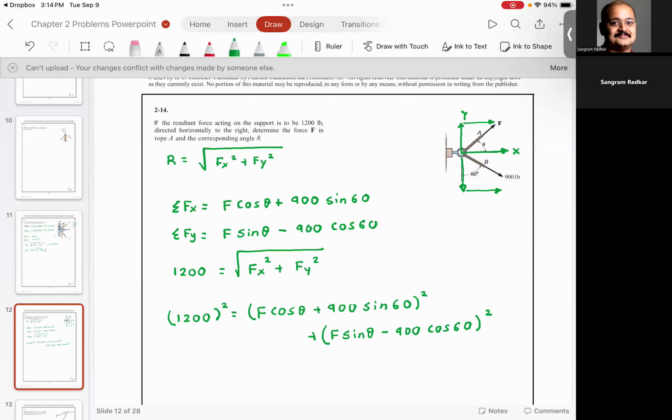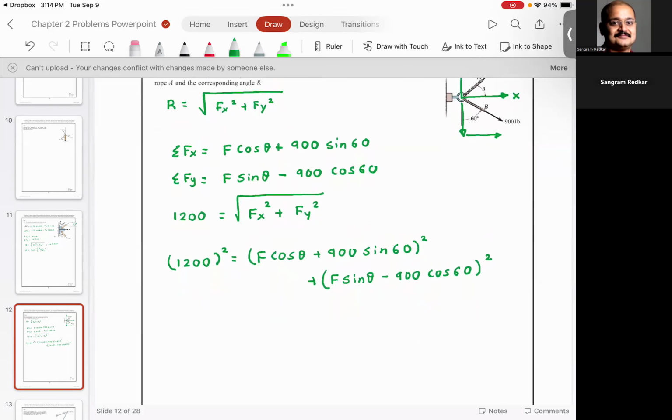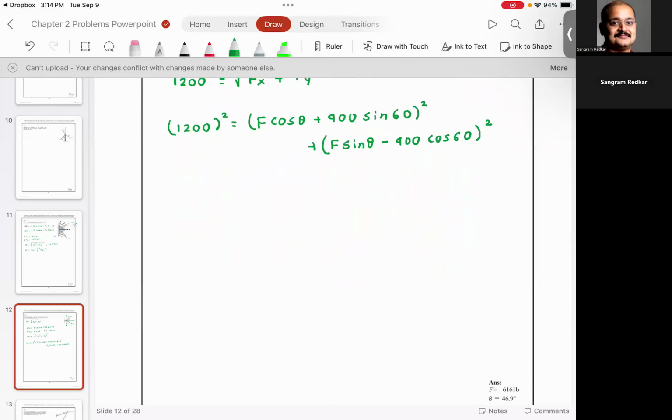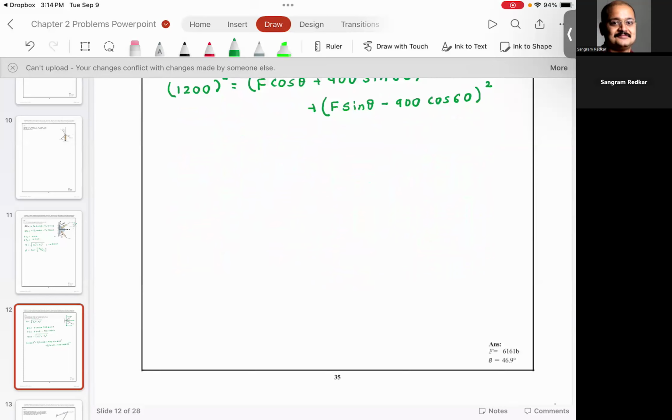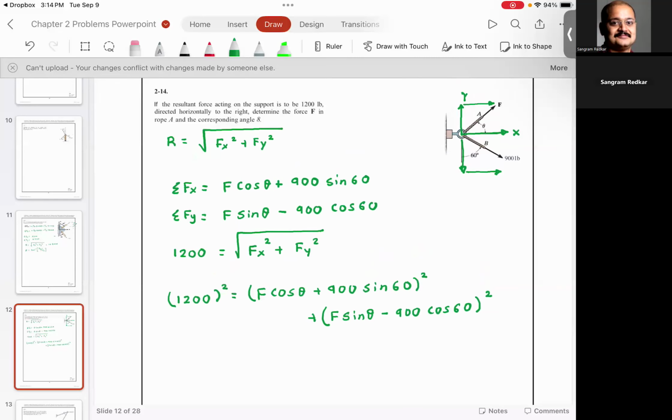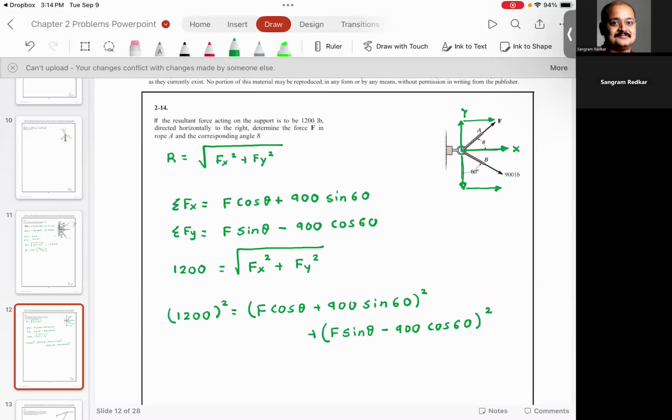So please work this problem out and then try to find the value of theta and the value of F. If you are not able to get the answers, please look at the solution that I have given you. Everyone understood how to solve this problem?